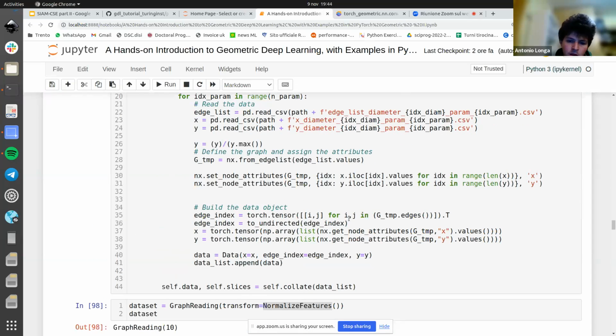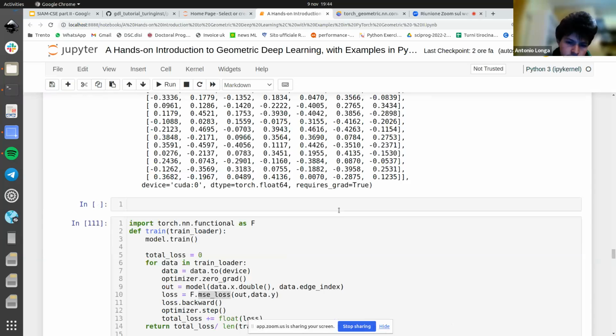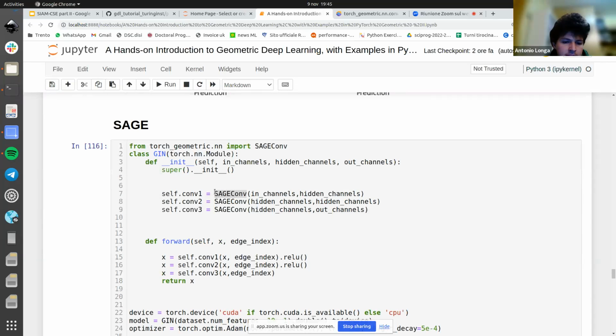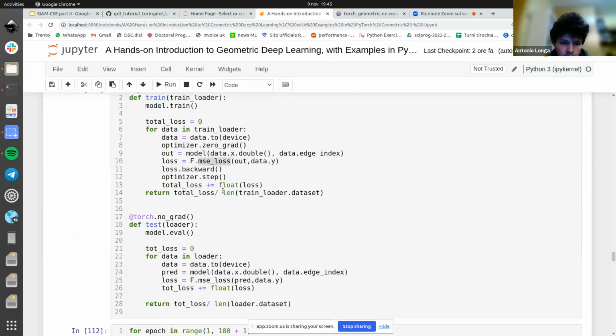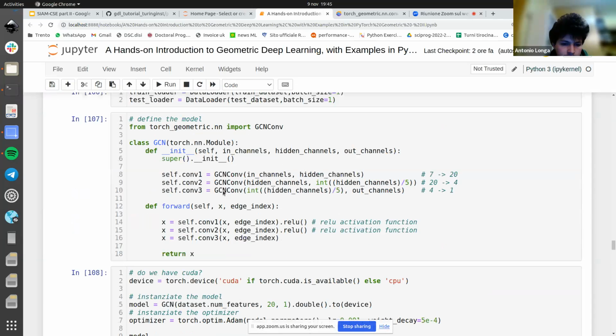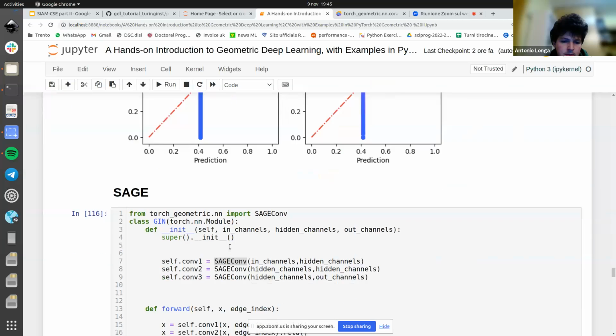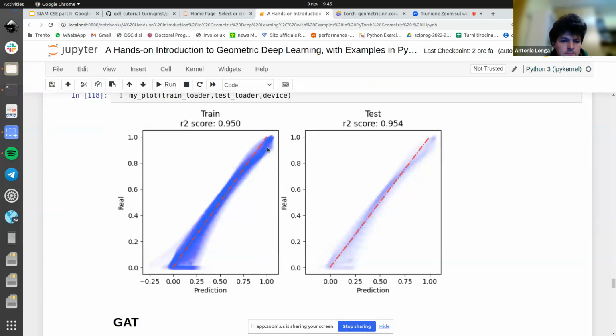I'm saying simple only because code-wise, what I did is just change SageComb, while previous was GraphComb. So I substituted this string. But it doesn't matter. If you look at the output, it's much much better.